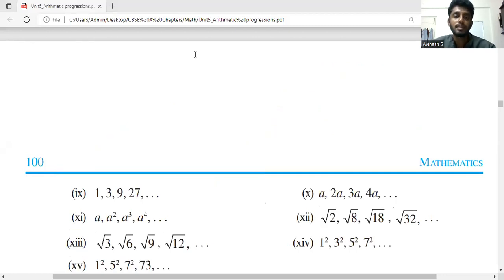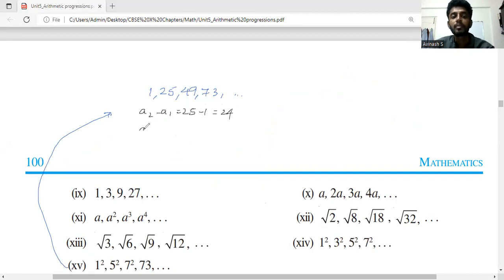When it comes to the last subdivision, that is the 15th subdivision, again we will try to expand this. So 1 square is 1, 5 square is 25, 7 square is 49, and the last term they have given just like that, 73. And now let us try to find the differences. So A2 minus A1 will be 25 minus 1, which will be 24.